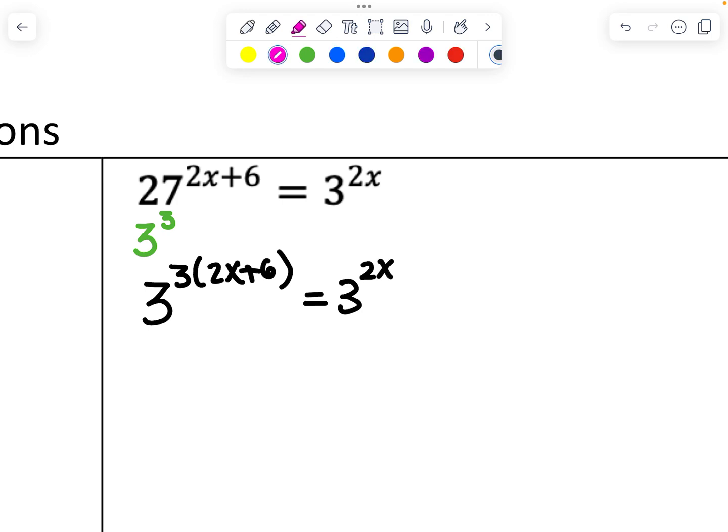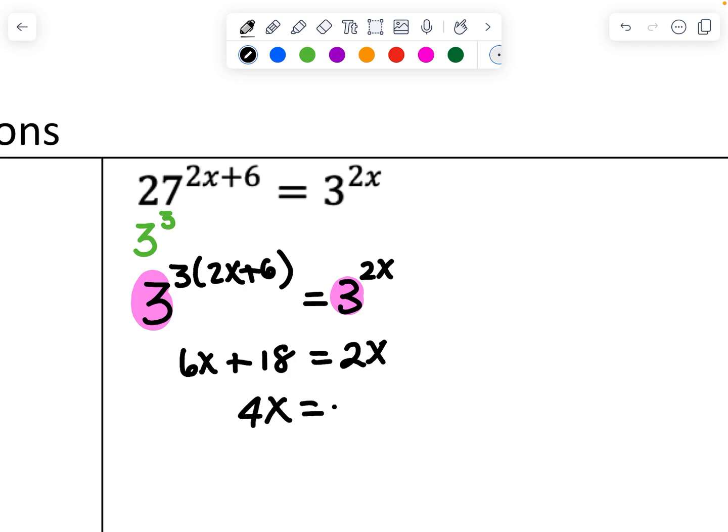And now my bases are the same, so I can get rid of my bases. And I'm going to have 6x plus 18 equals 2x. So I am going to have 4x equals negative 18. x is going to equal negative 9 halves, which is just fine. There's nothing wrong with that.